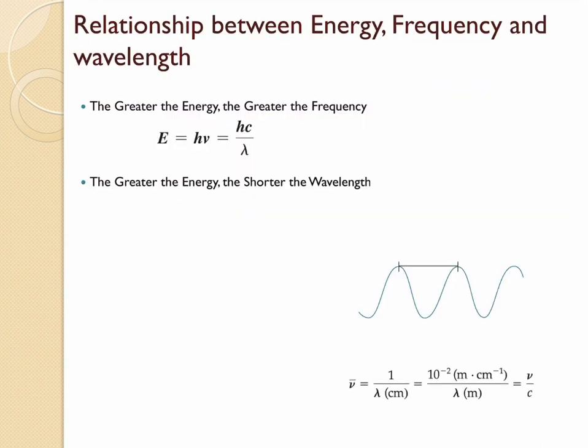The electromagnetic radiation has wave-like properties and can be characterized by its frequency and wavelength. Here is the relationship between energy, frequency, and wavelength. E equals h nu, where h is going to represent Planck's constant and nu is going to represent frequency.